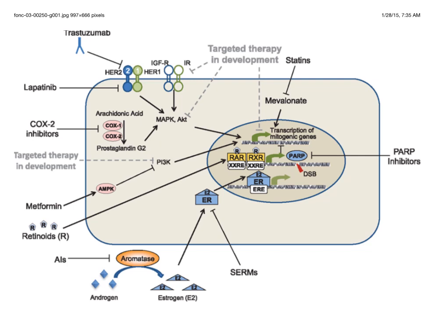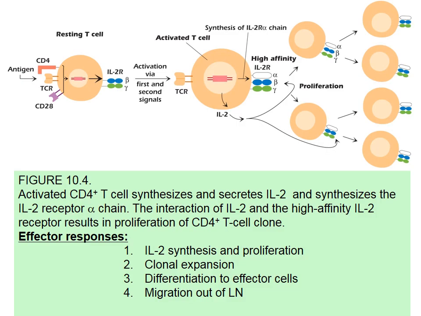We can even go for PI3 kinase, and even to such an extent that we can manipulate, which I would not talk about in detail because it's very complicated, the sequence of events happening in the nucleus. So we can play around with the transcription of those genes with PARP inhibitors. So this is the set of lines of drugs. Some of them are in use, and some of them are in progress to make sure that we can save those patients. So let's get back to the basics again.